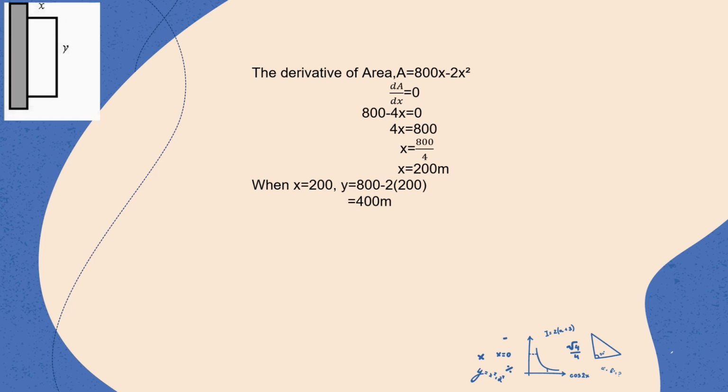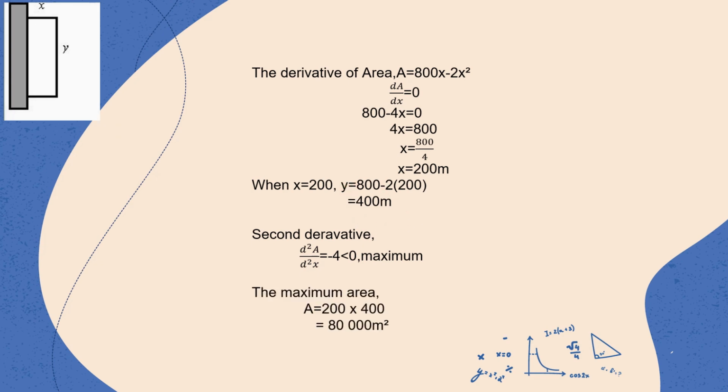So we take the second derivative of the first derivative, which is 800 minus 4x, and we get negative 4. Negative 4 is smaller than 0, so the values of 200 and 400 meters give the maximum value.